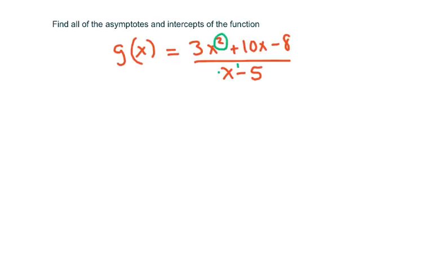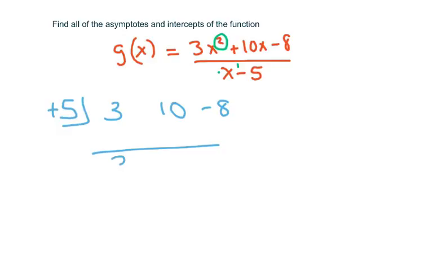So I'm going to go ahead and use synthetic division and find my oblique asymptote. It's positive 5. You get 3, 10, and negative 8. You bring down the 3, 15, and then add, so that's going to be 25.